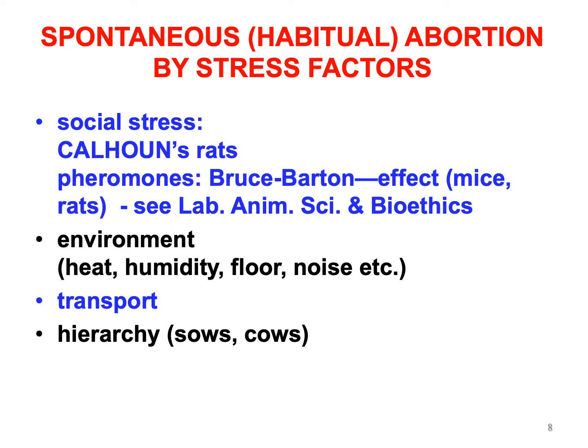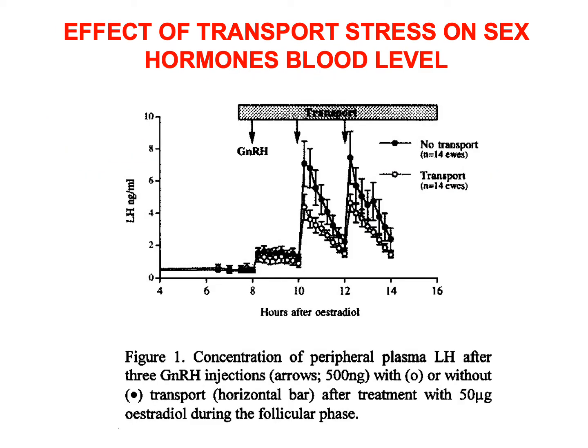But we have to concentrate on the environmental stressors like the heat, the humidity, the state of the floor, noise, etc. The transport and the place in the hierarchy in sows and cows, etc. In this model trial, the effect of transport stress was studied on sex hormone blood level.